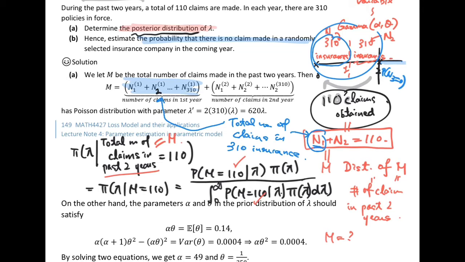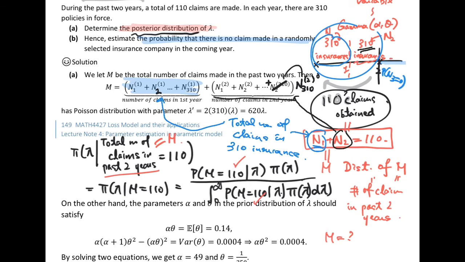Then for N2, again we have 310 insurance policies available, so N2 will be the total number of claims in another 310 ongoing insurance policies during the second year, which is equal to that. I guess I messed up the notation. That's still bad.